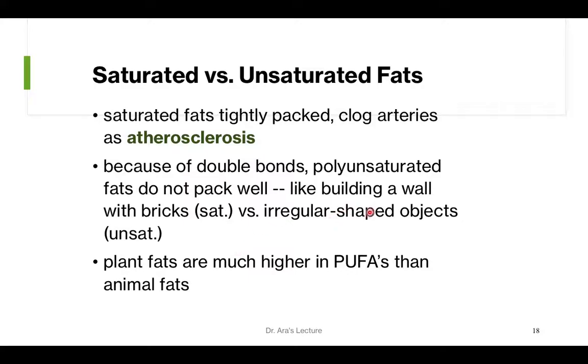That's why they are irregular shaped objects. So if we eat unsaturated fat, that is good for our health. Plant fats are much higher in PUFAs than animal fats. PUFA is polyunsaturated fatty acid. So that's why we should choose plant fats over animal fats in our daily food habits, or in our daily food lists.